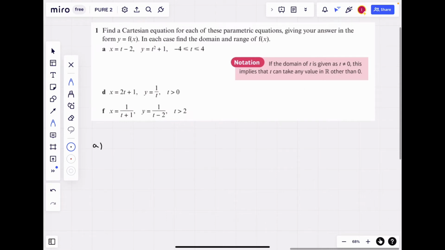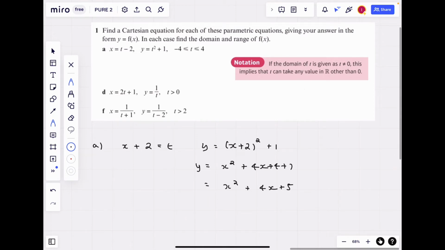For the first one, we can rearrange like this to make t the subject. Now we substitute that to get x squared plus 4x plus 4 plus 1. So x squared plus 4x plus 5.